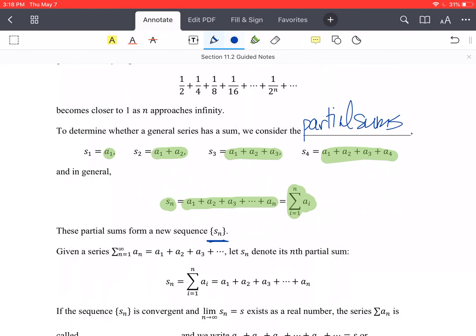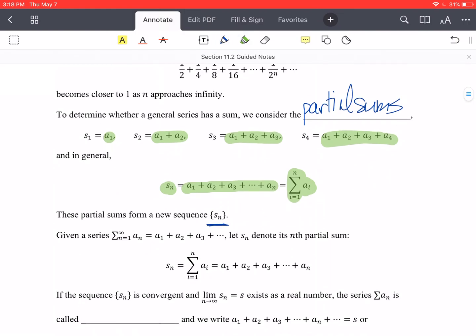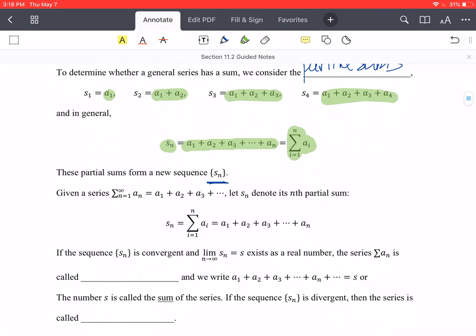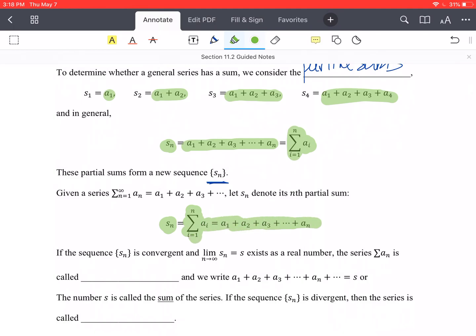So that's a new sequence where it's listing out the sum of the first term, sum of the first two terms, sum of the first three terms, etc. Okay, so given a series, let S sub n denote its nth partial sum. That's where S sub n is just the sum from 1 to n of a sub i, so of all those terms in the series, up through the nth term.